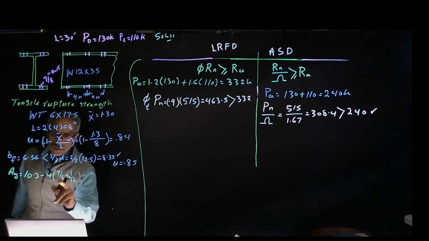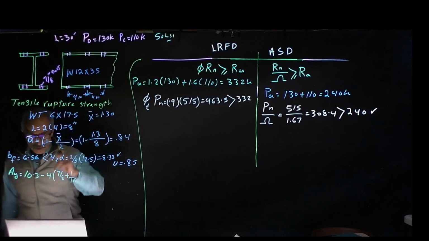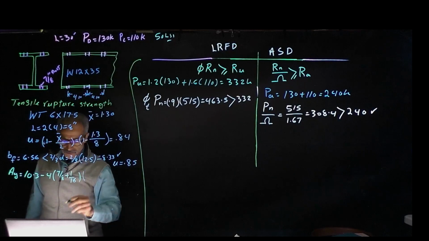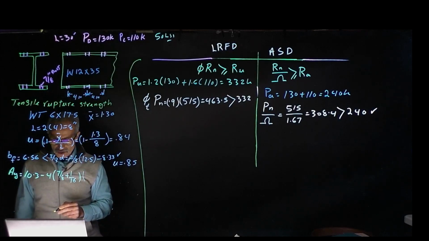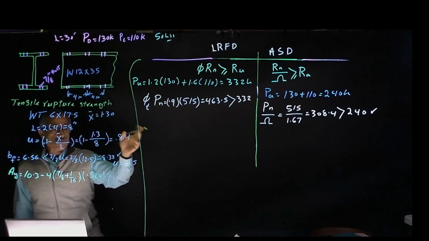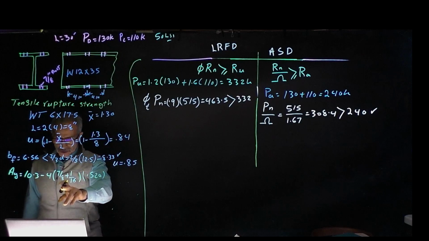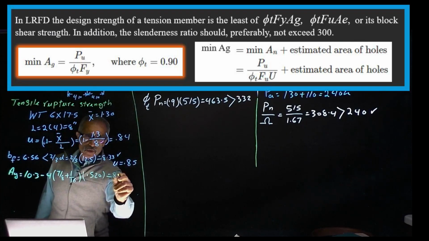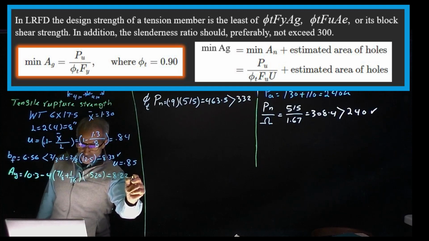That's the diameter of the bolt, and we had 4 bolts, 1, 2, 3, 4, and multiply by the thickness, which was 0.520. And if you can see the formula, it's on the board where this comes from. And that gives us 8.22 inch square.